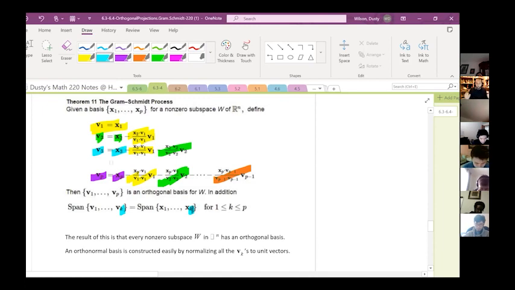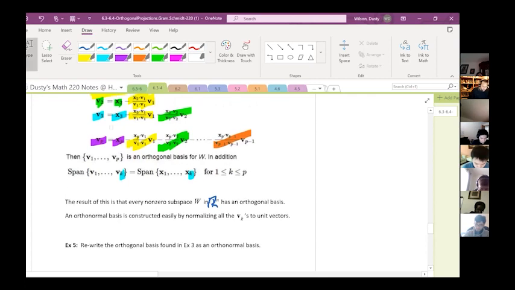The first four vectors in the two sets span the same space, which is kind of cool. So the result of all this is that every non-zero subspace W in Rn has an orthogonal basis.